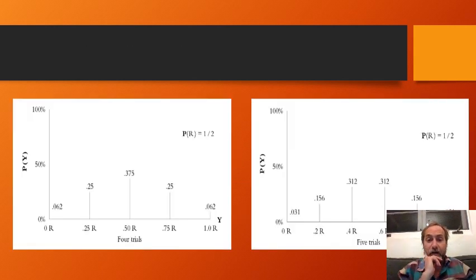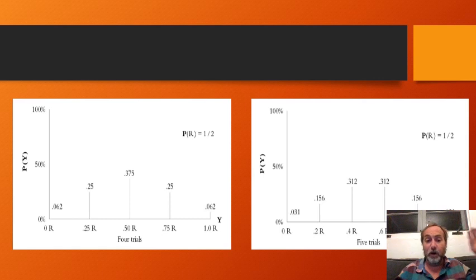So here we have 4 trials on the left. You'll notice that the probability of getting 0.5 Rs, so 2 out of 4 reds, is 0.375. And then on either side of it, the probability of getting 1 out of 4 reds is 0.25, and the probability of getting 3 out of 4 reds is 0.25.